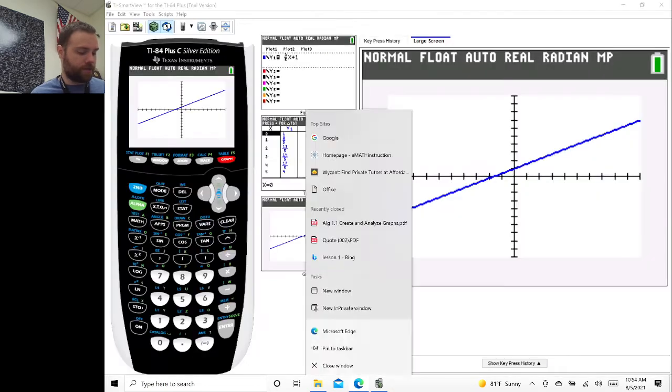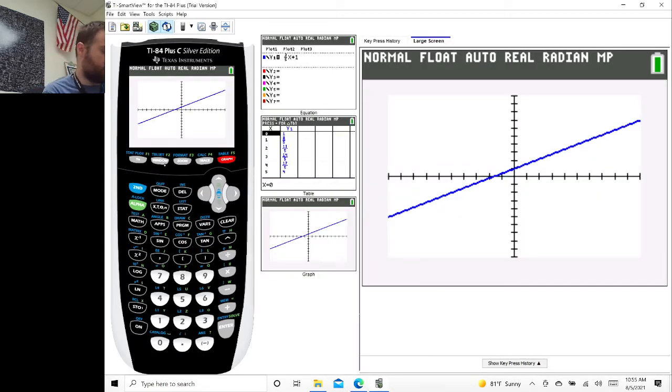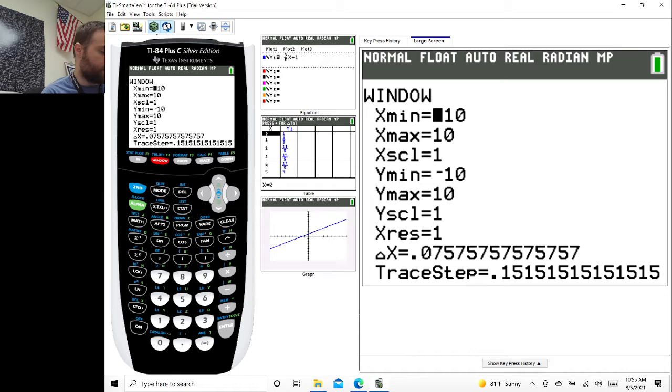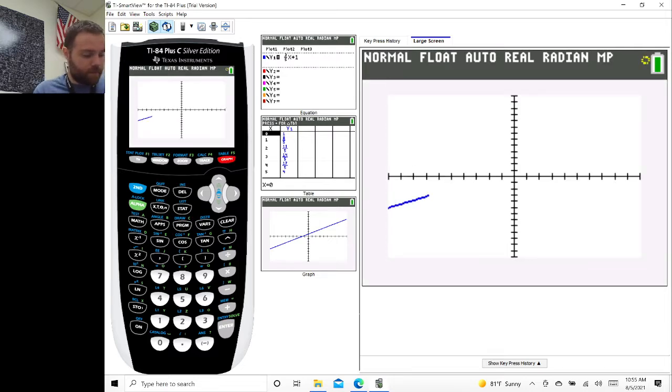And I might actually just do that because I think it's -10 to 10, but if I change the window, you don't have to do this. I will show you how to do this eventually, but if you can catch on, you're more than welcome to. And so that's a little closer together, but it's not quite what I want.